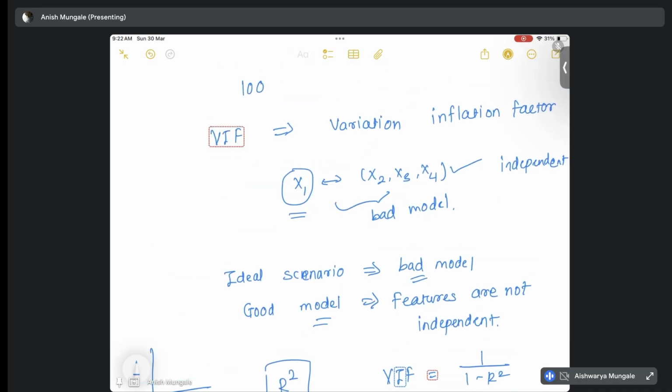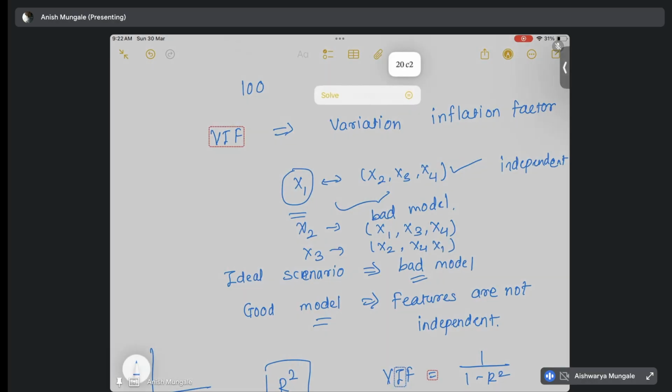For these four parameters, there will be x1 versus x2, x3, x4, then x2 with x1, x3, x4, then x3 with x2, x4, and x1.